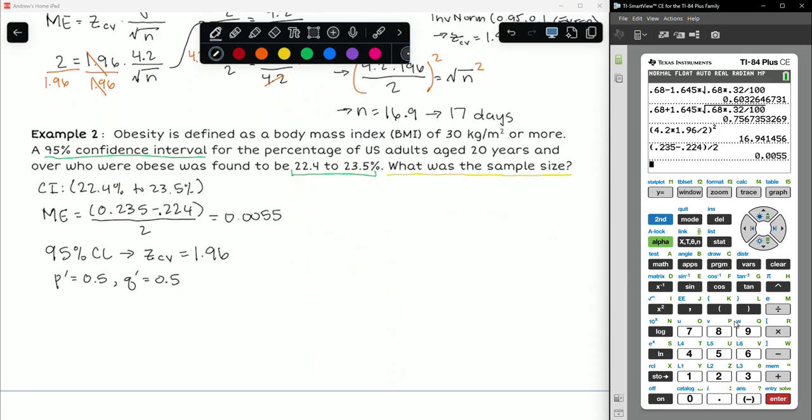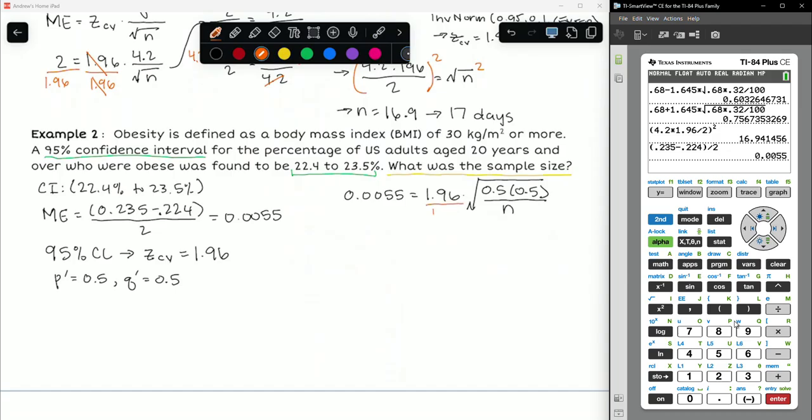So let's go ahead and jump to our equation. We know the margin of error is equal to our critical value times our standard error. 0.5 times 0.5 over square root of n. I'm going to start the same way. I'm going to work from my outside in.